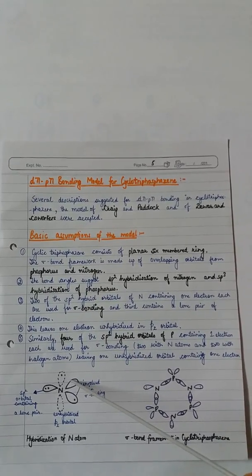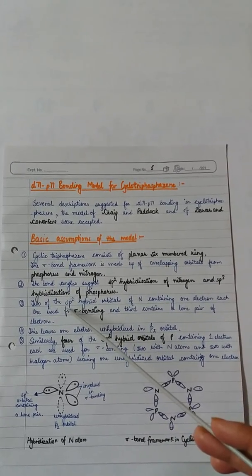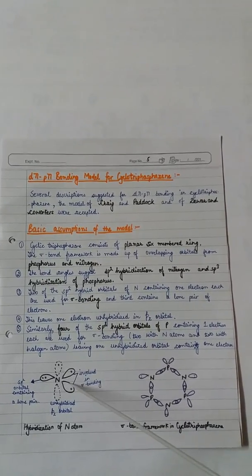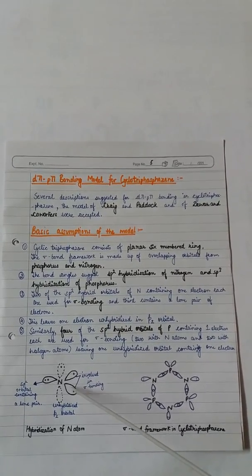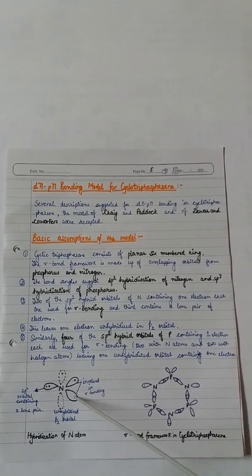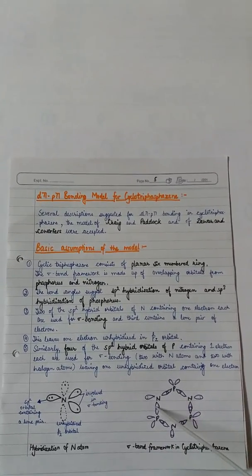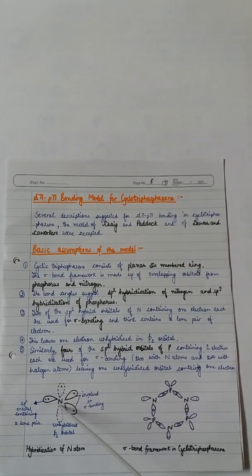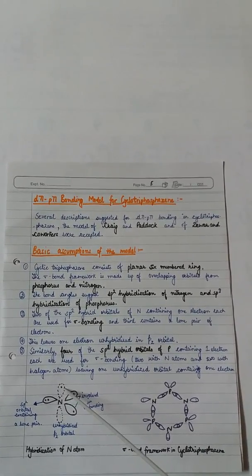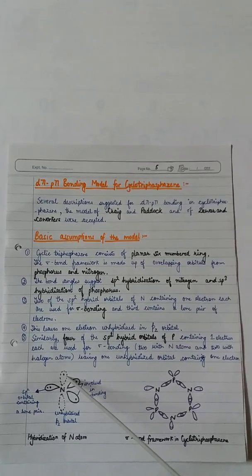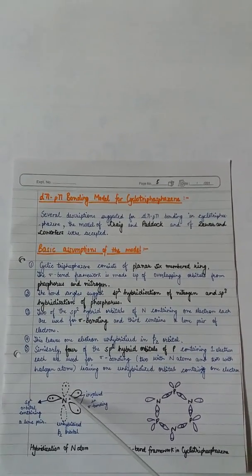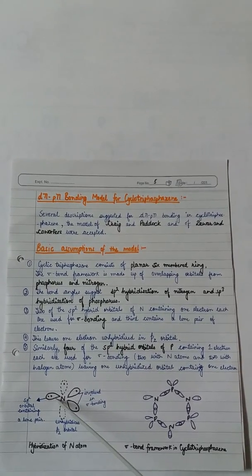So these are the two sp2 hybridized orbitals containing one electron, and both are involved in the sigma bonding, one here and one here. The other one is an unhybridized orbital which contains a single electron. This is unhybridized, and this is the third hybridized orbital which contains a lone pair of electrons.